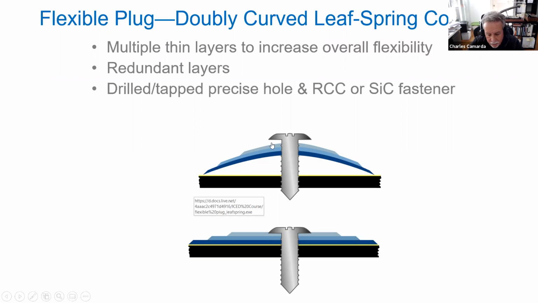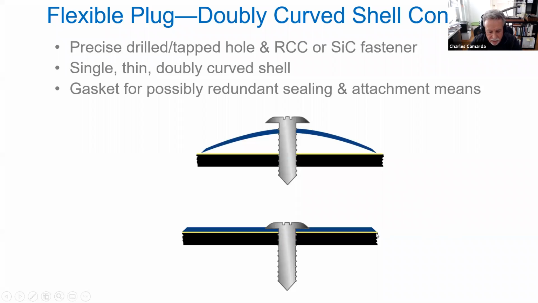So we looked at, are there ways to make it thinner and make it more flexible so that it would ease that stress in the component so it wouldn't break. So here we have multiple layers that are very thin. We looked at very thin concepts, and then we looked at just single concepts like this.